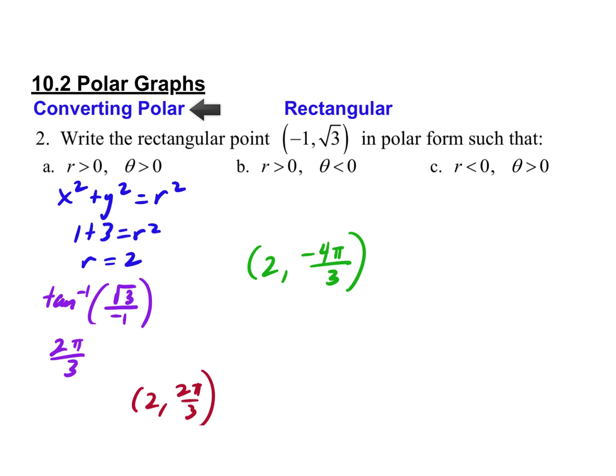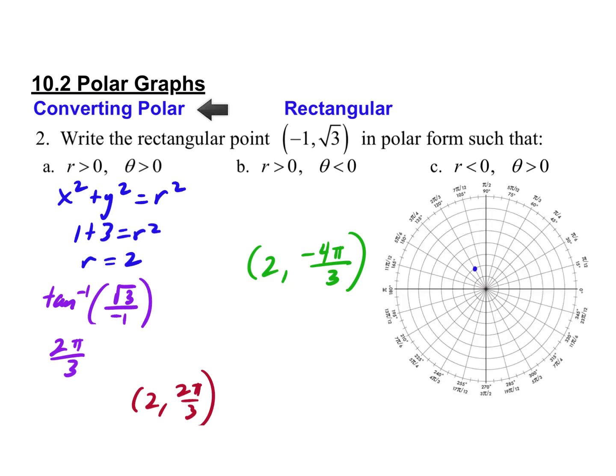All right, now this one I'm going to draw a little graph. You don't necessarily have to do this, but you can. Since r has to be negative, this is that 180-degree reflection. This is where my point is right now, 2 and 2 pi over 3. In order for r to be negative, it's going to have to flip over to here.